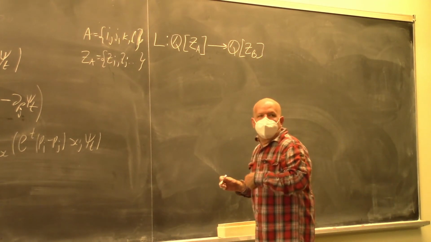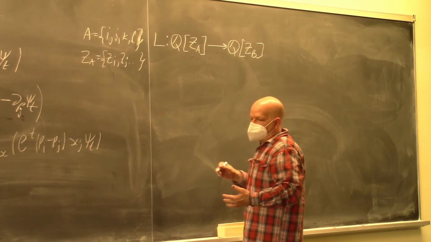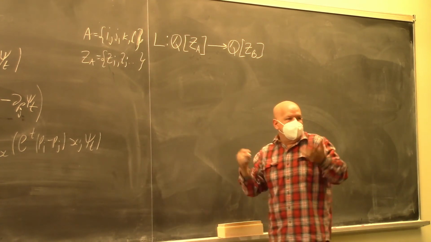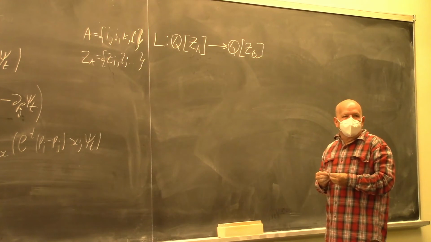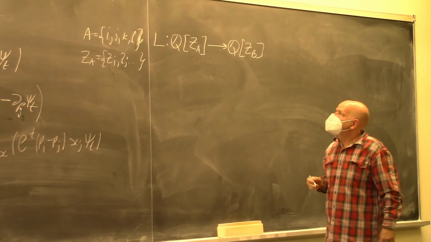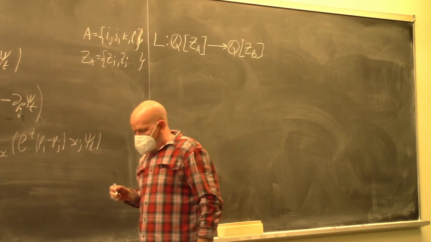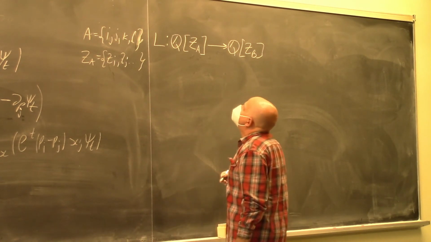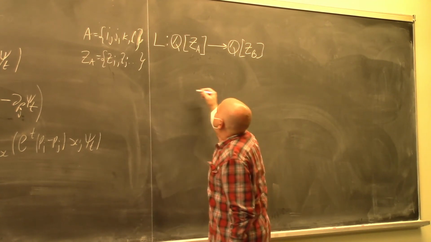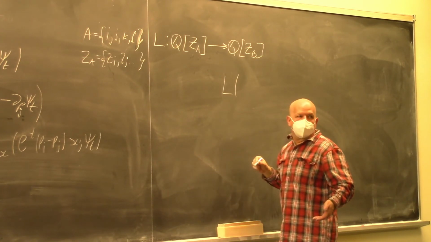So, in such a situation, how do I describe the map L? How do I present it? I want to summarize it somehow. So what I need to know is what is L of every monomial.